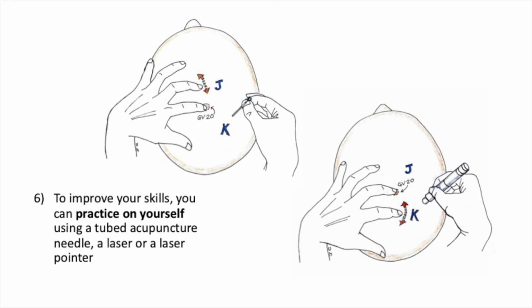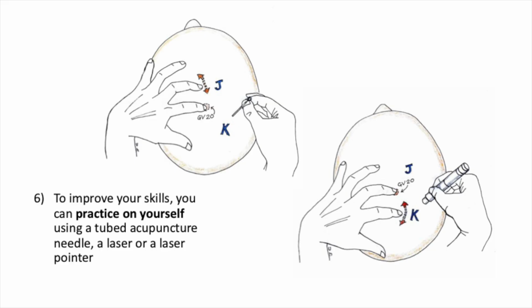To improve your skill, you can practice on yourself. For example, if you find some trigger points in your trapezius after a bad night's sleep, treat yourself. Practice. Either use a tube acupuncture needle, a laser, or laser pointer. With a non-dominant hand, you can station one finger on the GV20 and palpate with another finger, as shown in the diagram.